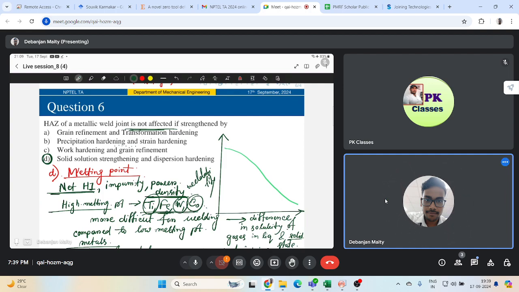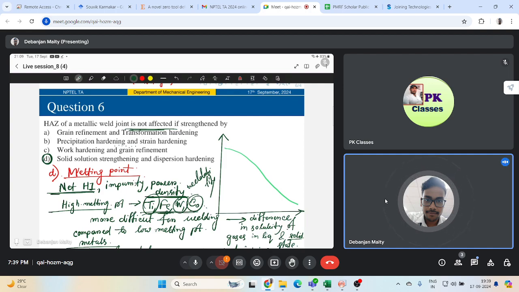Dispersion strengthening, possibly. By the name, what I can understand is that it involves a distribution of fine, stable particles throughout the matrix. If you have those particles, they act as obstacles to dislocation motion, and that will increase the material strength. In the heat affected zone, you have high temperature during welding, so that will lead to coarsening.